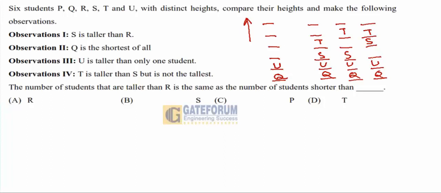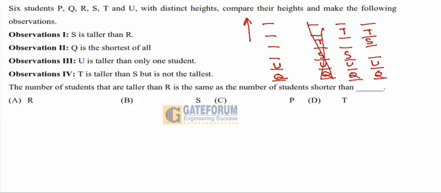See, all these 4 conditions can result from observation 4. Okay. Now it is said S is taller than R. I mean only these three conditions. So only S is taller than R. But here you see S cannot be taller than R. So this is not done.